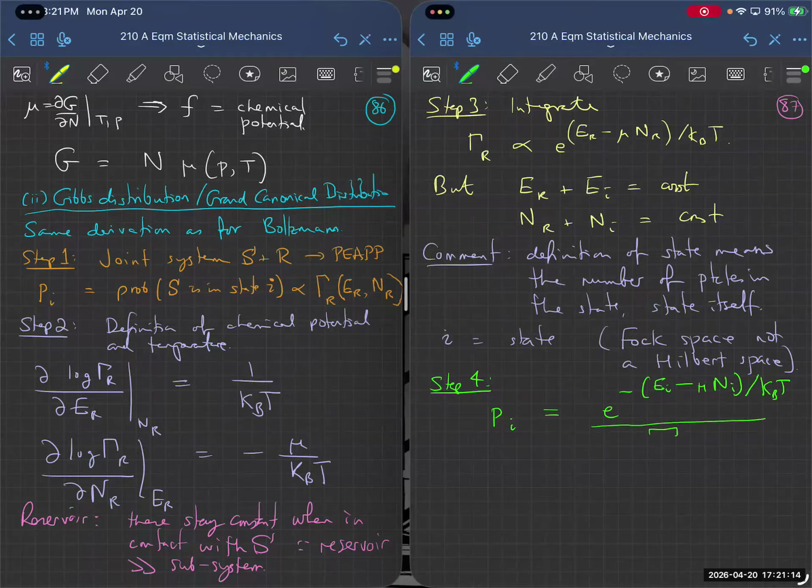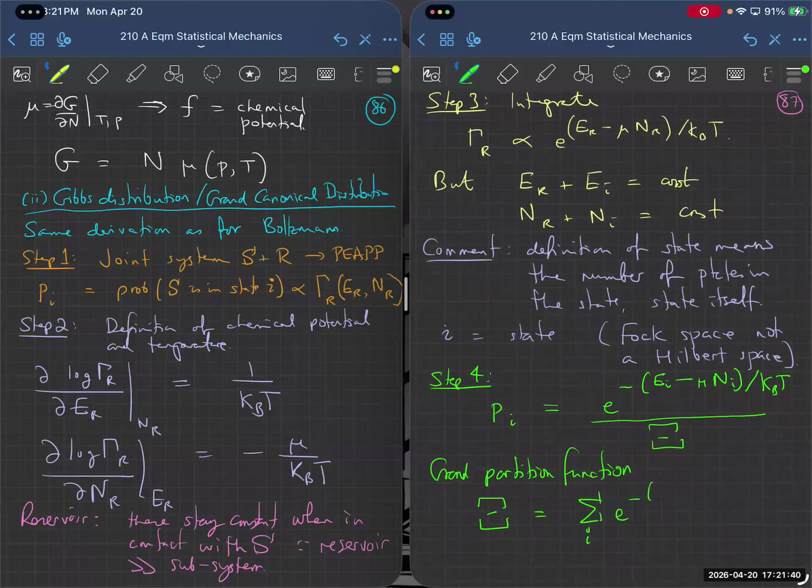I'm going to write that partition function with this letter chi, the Greek letter chi, and the grand partition function, as it's called, chi is then the sum over states, and now states including particle number as well as all the other things, of e to the minus (EI minus mu NI) over kBT.